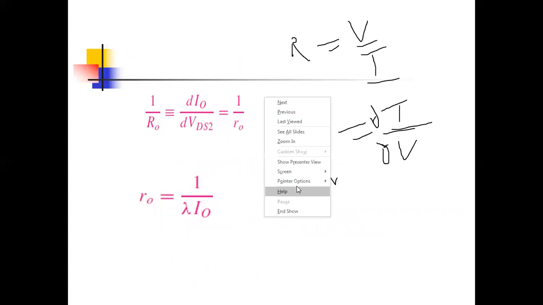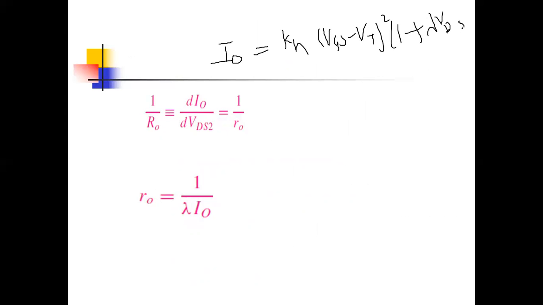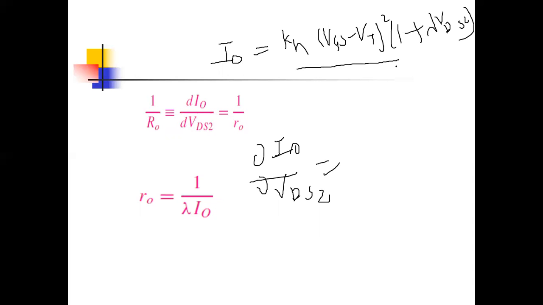I guess you are confused, so again listen carefully. The formula of I naught is Kn (VGS minus VTN) whole square into (1 plus lambda VDS2). We want to differentiate this equation, del I naught divided by del VDS2. This whole term will be constant as it is, because we are differentiating with respect to VDS2.